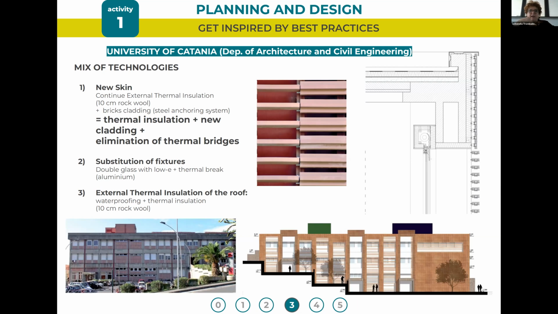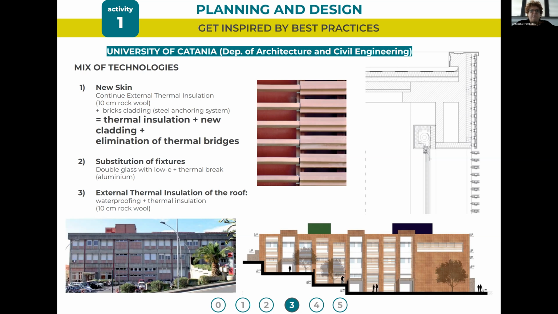They propose a new skin, so to create a double skin, a new envelope of the building, maintaining the first one, so without any demolition and any cost of demolition, but proposing some typical Italian material that is the ventilated facade created by brick elements.